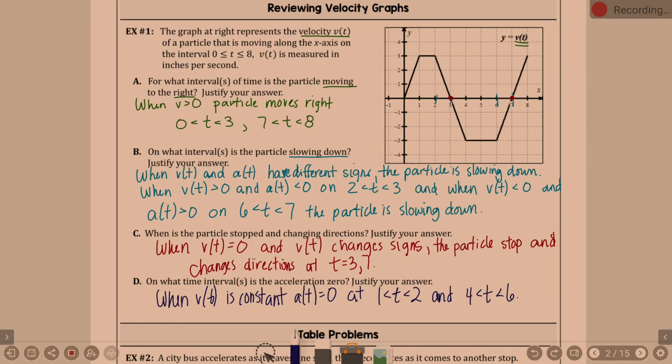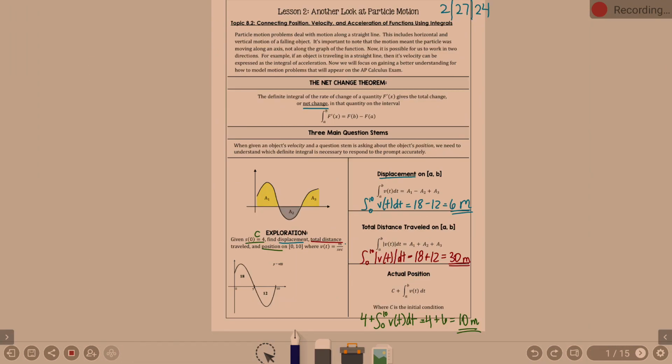When we talked about total distance, with displacements, A1 ends up being minus A2 plus A3. With total distance, it ends up being A1 plus A2 plus A3. So when we talk about absolute value in terms of this integral, we have to figure out which sections go negative. So what we're going to have to do is consider the graph.